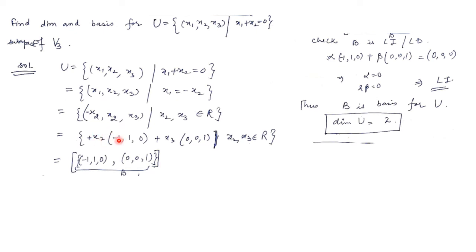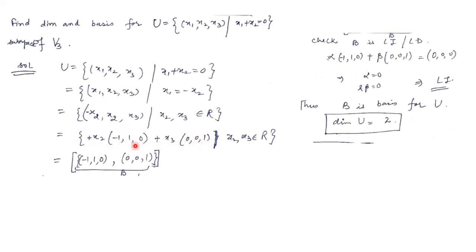It will become minus x2, x2, 0. You can take x3 inside, 0, 0, x3. When you add it, you will get the same tuple. So we can write this in this form, taking x2 common and x3 common. Now just see, what is this?